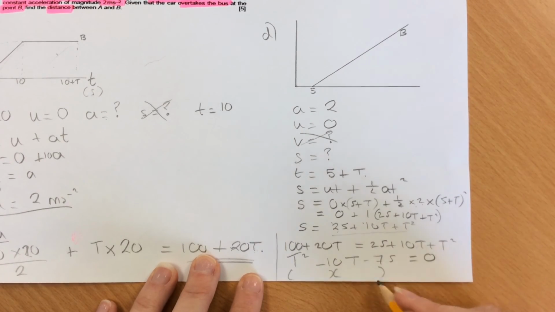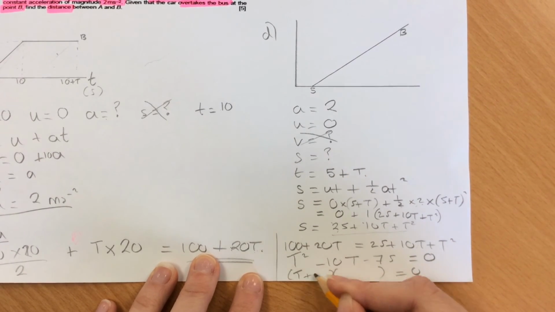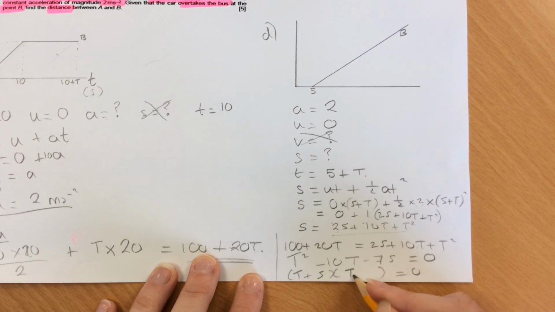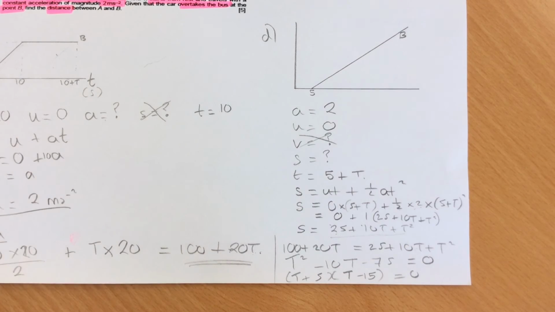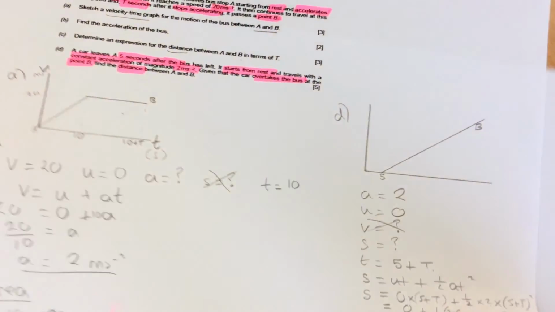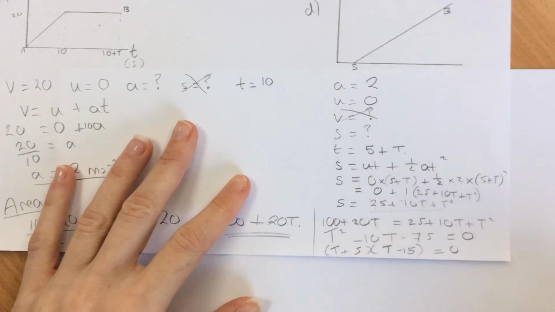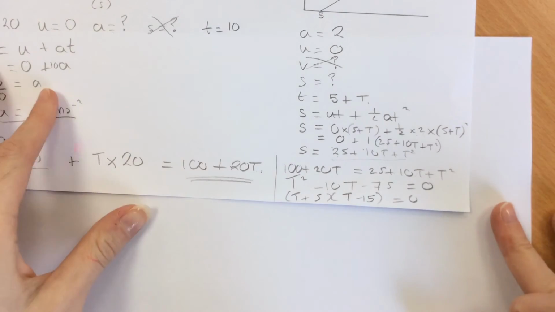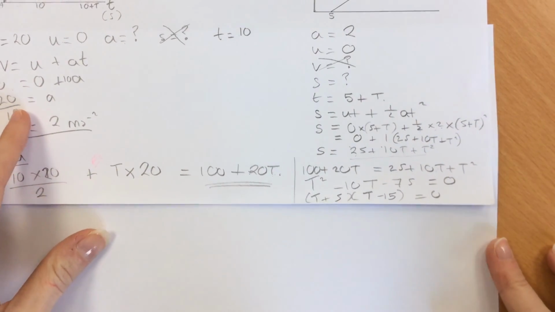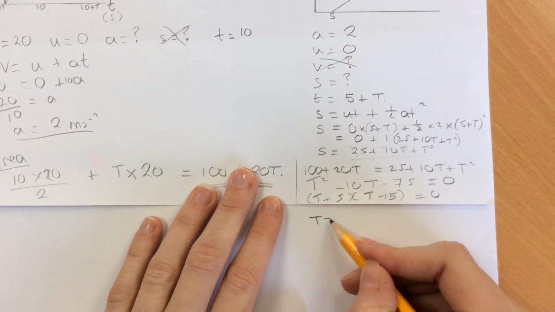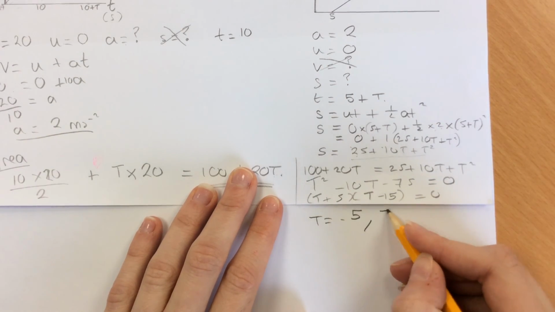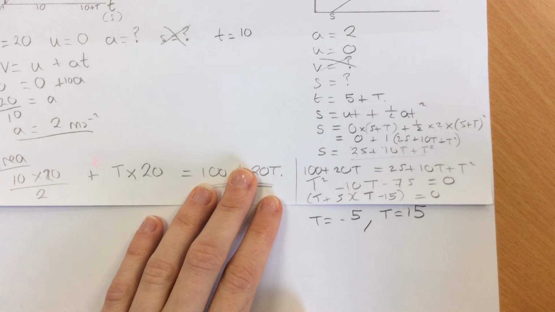Factorising that, we'll end up with t plus 5 and t minus 15. So to finish this off, our two values are going to be t equals -5 and t equals 15.